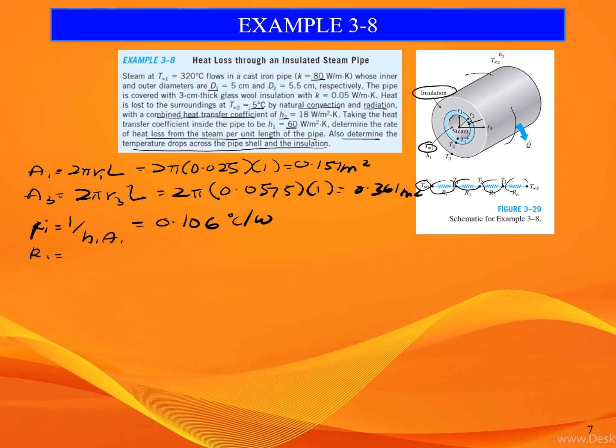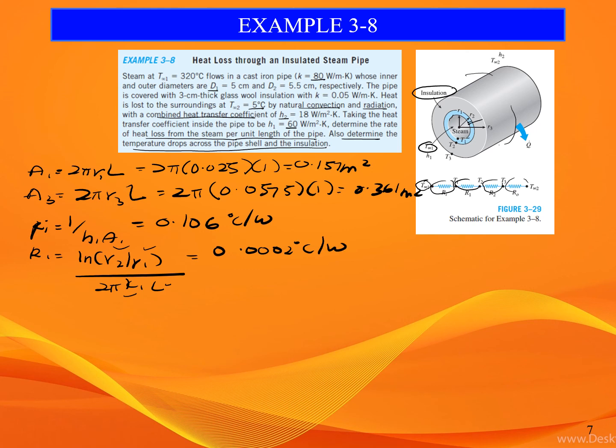For conduction in a cylinder, remember we need to use the formula that we derived before, ln R2 over R1 over 2 pi K1 L. So we have R2, R1, K1, L we assume 1, and the answer would be 0.0002 degrees Celsius per watt.